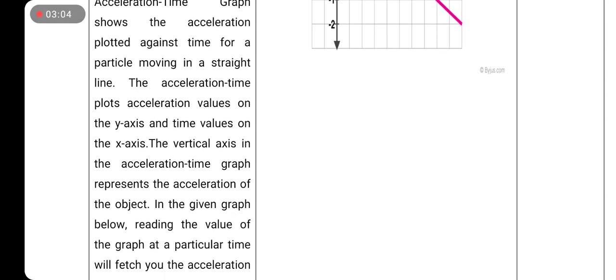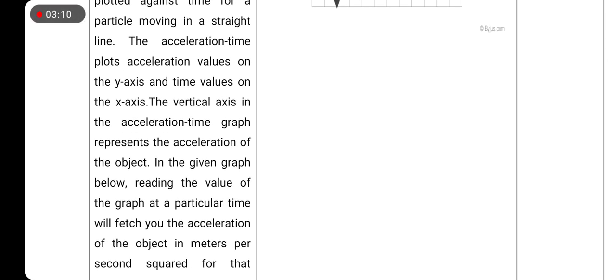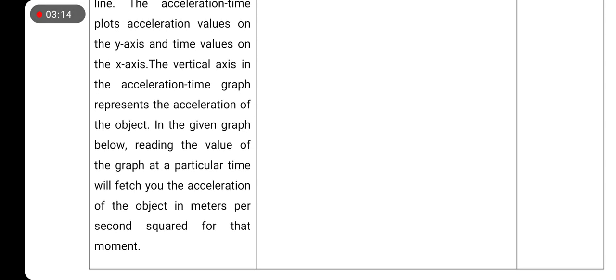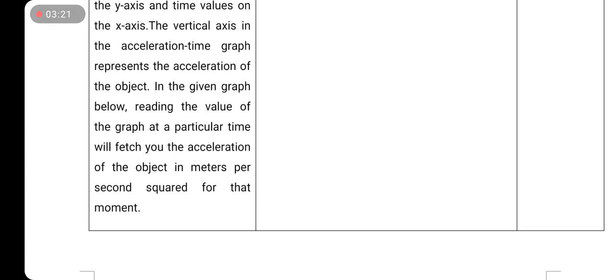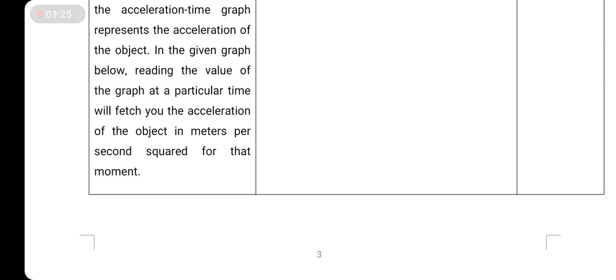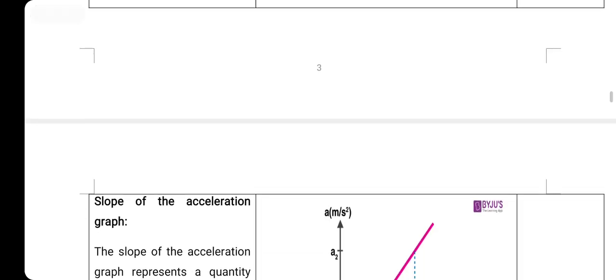It plots acceleration values on the y-axis and time values on the x-axis. The vertical axis represents the acceleration of the object. In the given graph below, reading the value of the graph at a particular time will fetch you the acceleration of the object in meters per second squared for that moment.